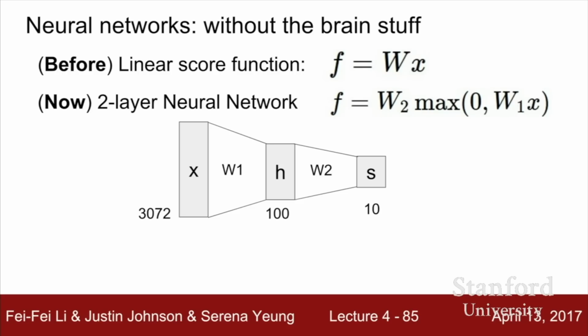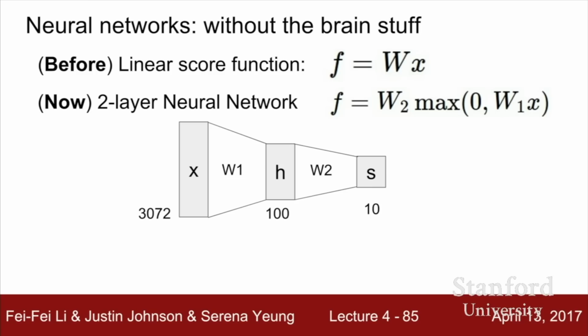What this looks like is first we have a matrix multiply of W1 with X, and then we get this intermediate variable, and we have this nonlinear function, a max of 0 with the output of this linear layer.